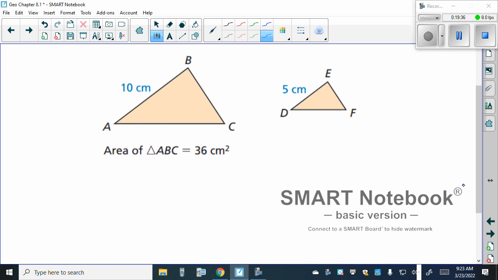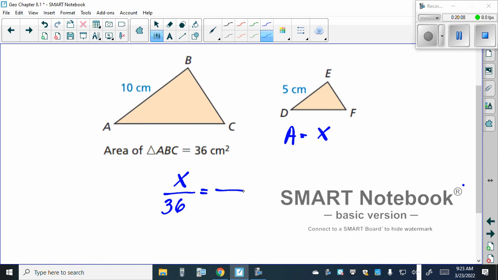So if we look at this here, the area of this triangle is 36. We want to find the area of the other triangle, yes? Not quite, but they are proportional. So we can say x over 36 is equal to blank over blank, because we were given one of the lengths.